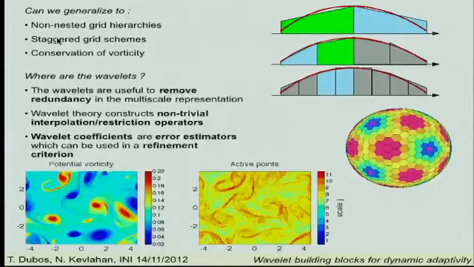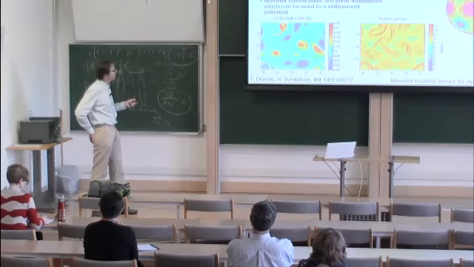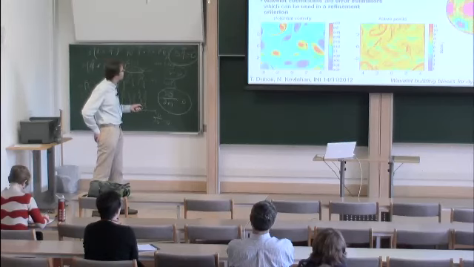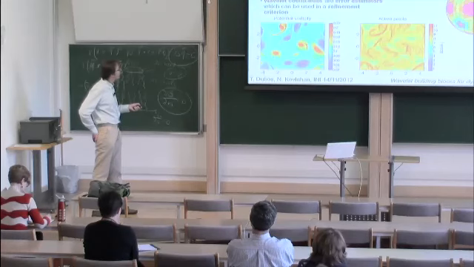And in this case, it's very easy to deal with this redundancy, but in more complex situations, the wavelets will help us deal with more complicated redundancies. They will help us construct these interpolation and restriction operators in this kind of setting. And they will provide error estimators to drive the refinement. So that's what we will see in the end.